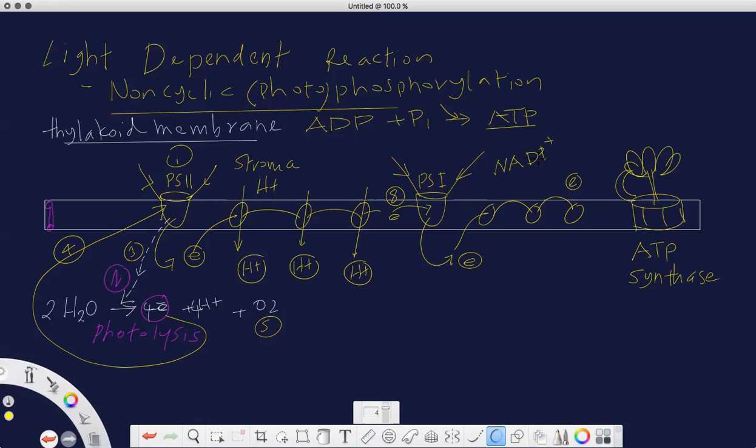Now these electrons, together with hydrogen ions, form a molecule NADPH. So the NADPH has energy now. This energy is now transferred to this NADPH molecule.